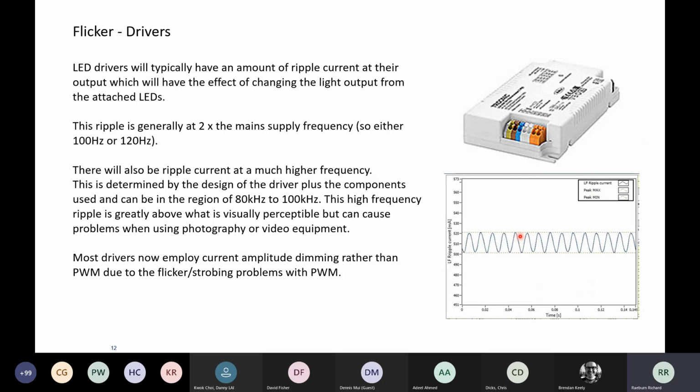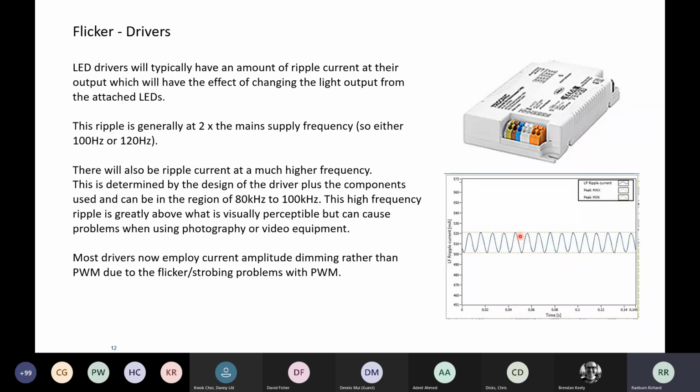The big change in driver design came about from changing the dimming output from drivers from PWM, pulse width modulation, which we used to use, to amplitude modulation.